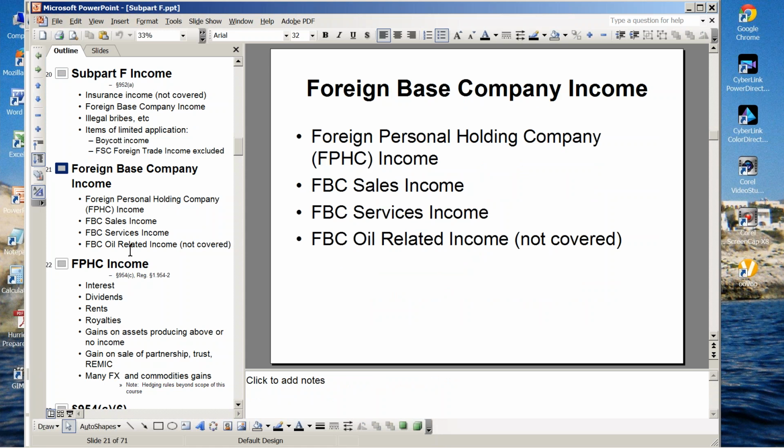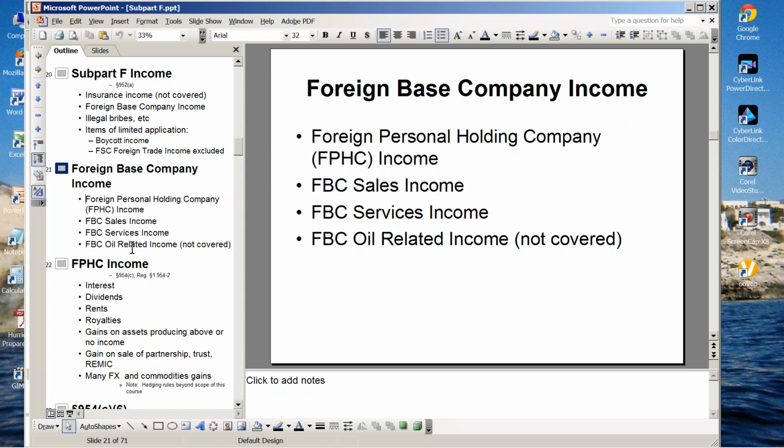Foreign base company income has 4 parts, 3 of which we'll be covering in the course. Foreign personal holding company income will be covered in a video that I hope to have released sometime late tonight in its very preliminary form. And then by this time next week, should have a much better video on foreign personal holding company income.